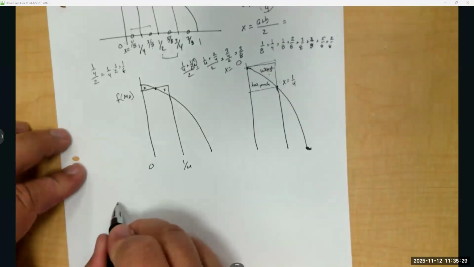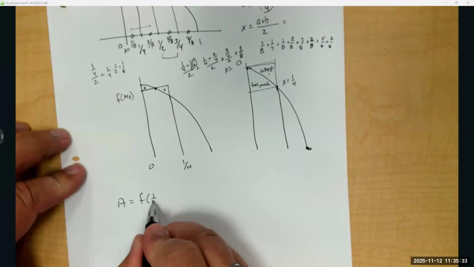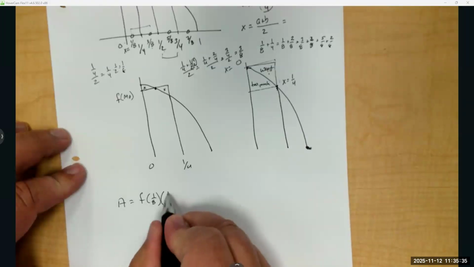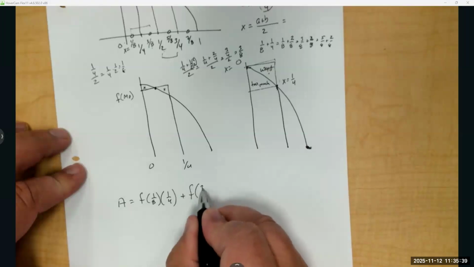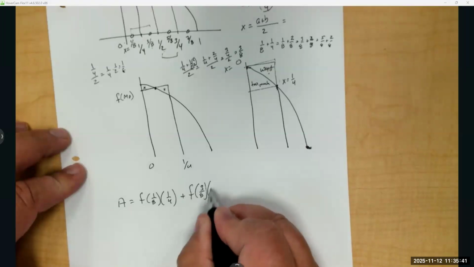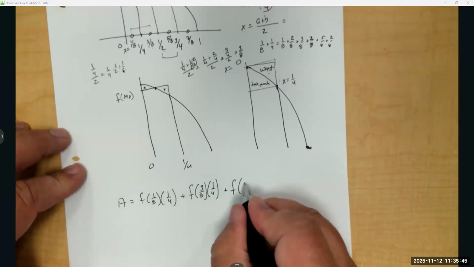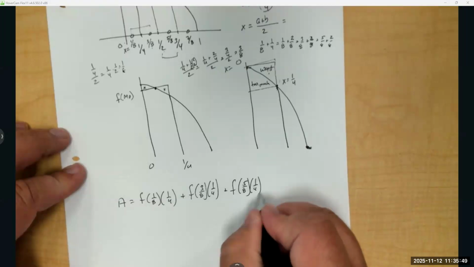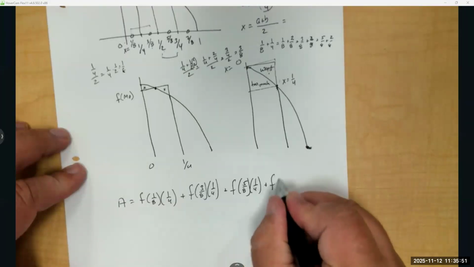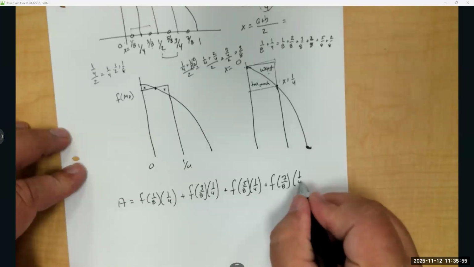So now our area calculations are going to be f of 1/8 times 1/4 plus f of 3/8 times 1/4 plus f of 5/8 times 1/4 plus f of 7/8 times 1/4.